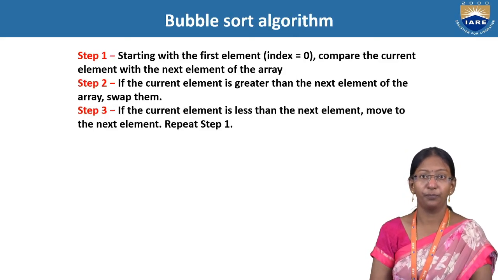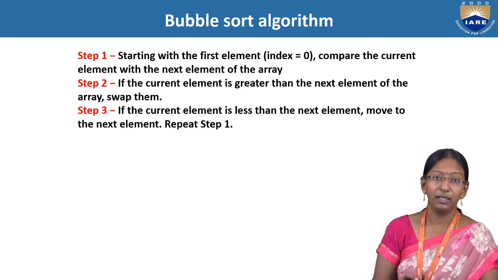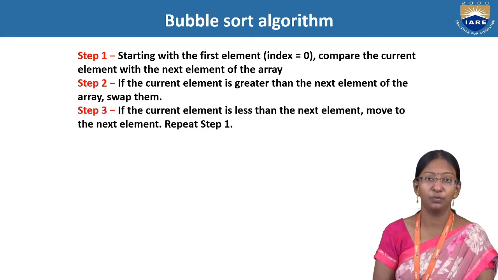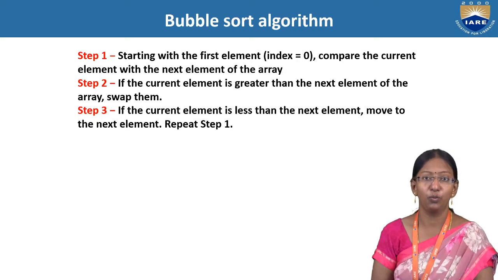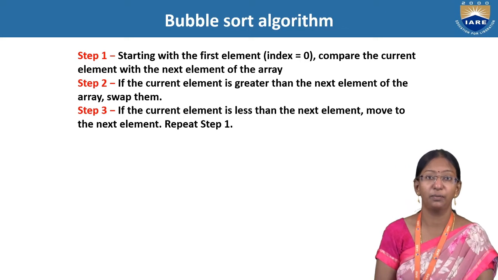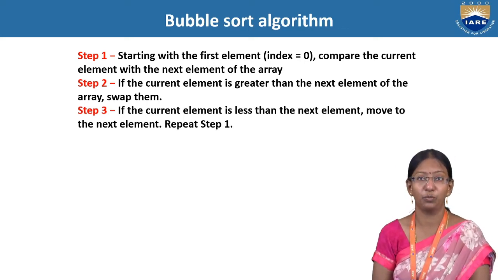Please have a look at the algorithm, how it goes. A simple explanation: it always starts with the index 0 value. Compare the next or adjacent element to it, that is the element at index 1.